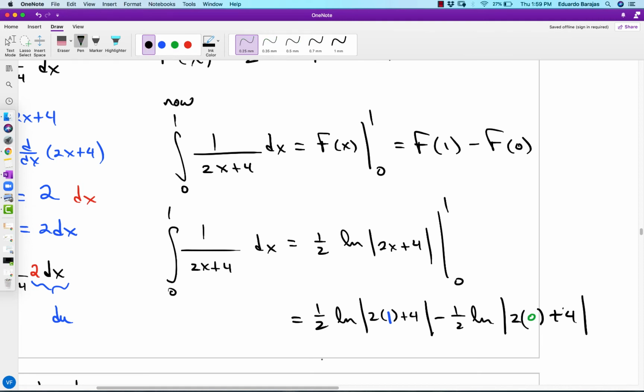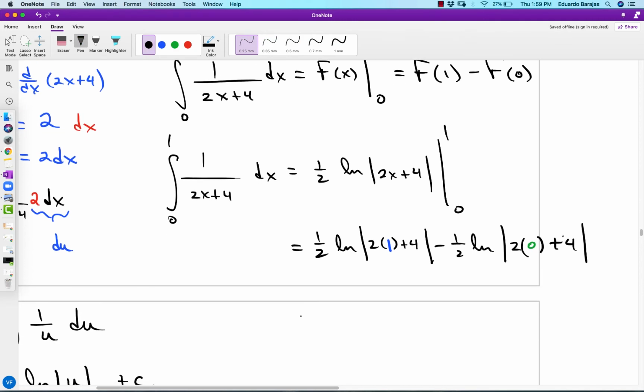So this is going to turn out to be equal to 1/2 ln of, and this becomes 2 plus 4, which is 6. I don't need the absolute values anymore. And then minus 1/2 ln of, and this becomes 4. Okay.